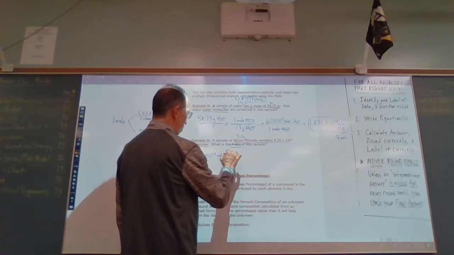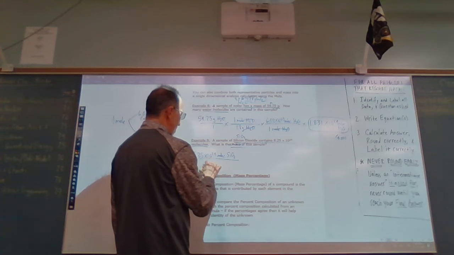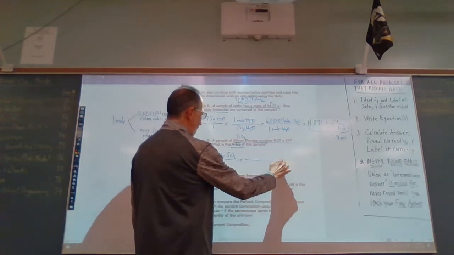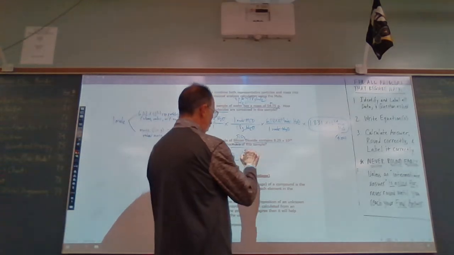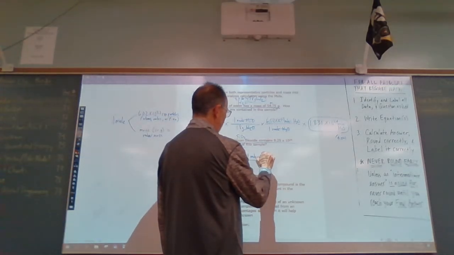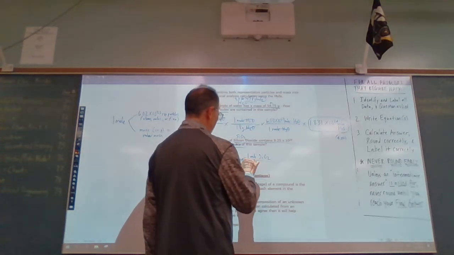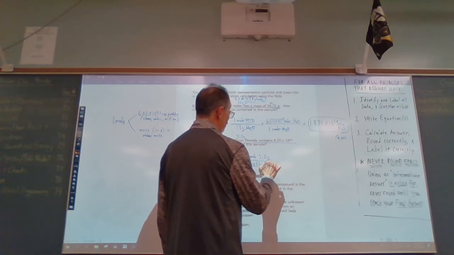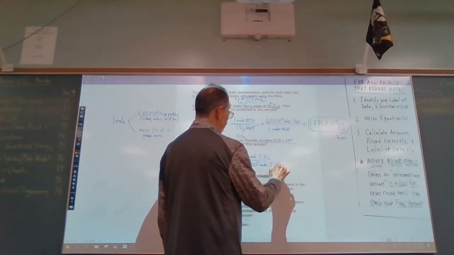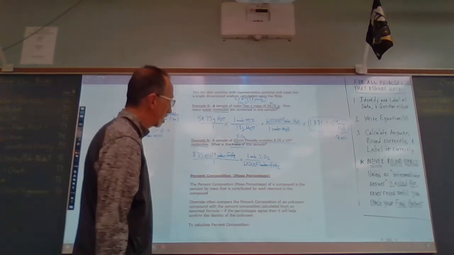So we have 8.25 times 10 to the 24th molecules of SiO2 over 1. We need to convert that to moles first before we deal with mass. So in 1 mole of SiO2, there are how many molecules? Avogadro's number. 6.02 times 10 to the 23rd molecules of SiO2. Those cancel. Now we want grams, so we need molar mass.